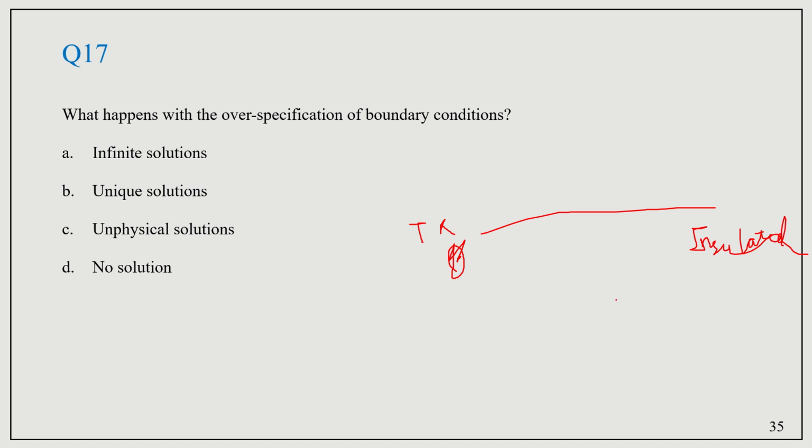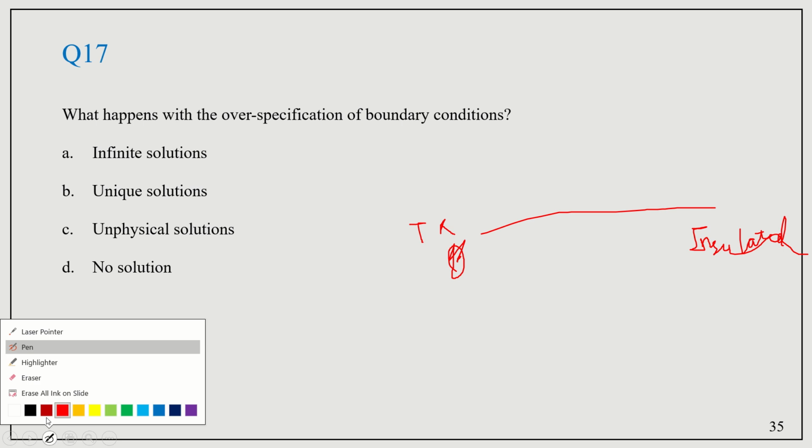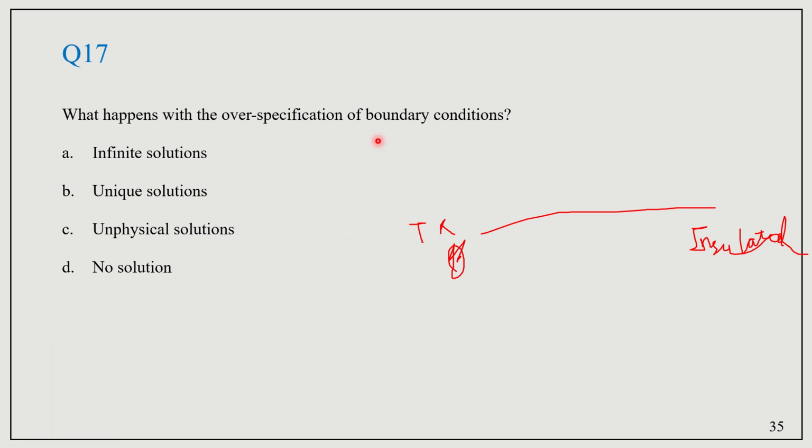Similarly, in the previous case, we were under specifying the boundary conditions. What happened that time, we gave temperature over here as some 100 degrees Celsius, but here we haven't defined the boundary condition. So it can be an insulated wall, or another heat source can be placed over here, we do not know.